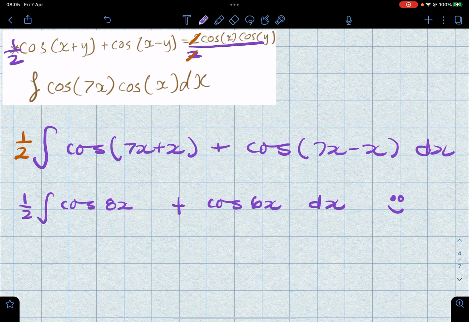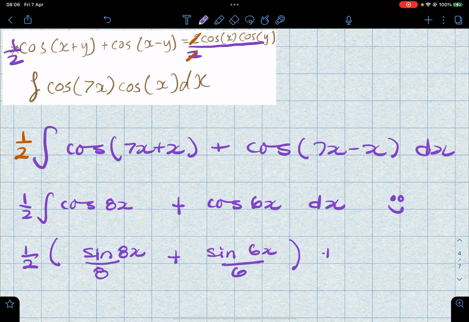And now it's become really easy because we can integrate cosine 8x, we can integrate cosine 6x. So the integration of cosine is sine. So it's half sine 8x over 8 plus sine 6x over 6 plus a constant.